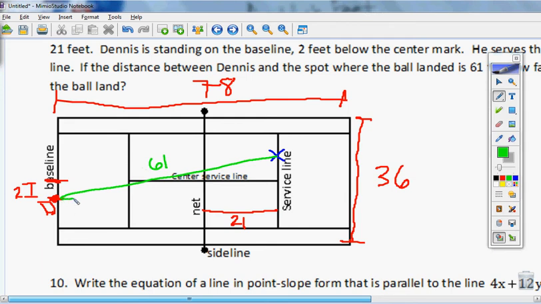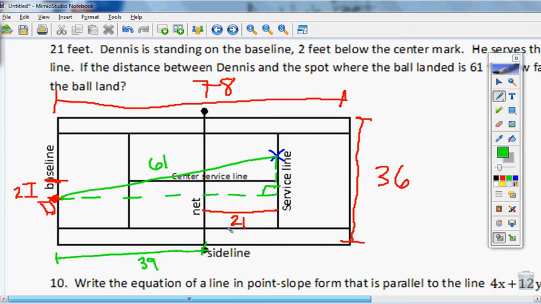I really like that you guys would be able to start making right triangles. Okay, so if we went straight across here and straight to the spot, hopefully you're seeing that there is a right triangle right there. Well, what would this distance be? Here we are, 78 across here, so half that distance would be half of 78, so we're sitting there at 39.